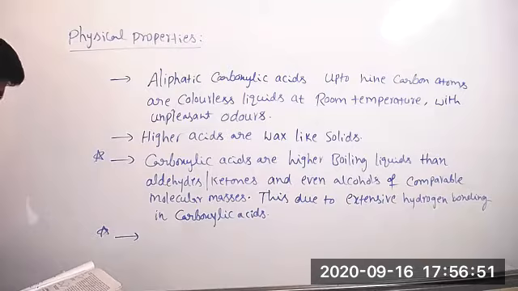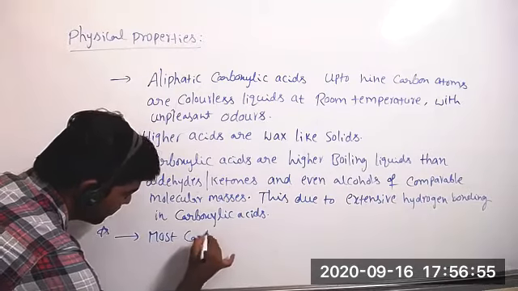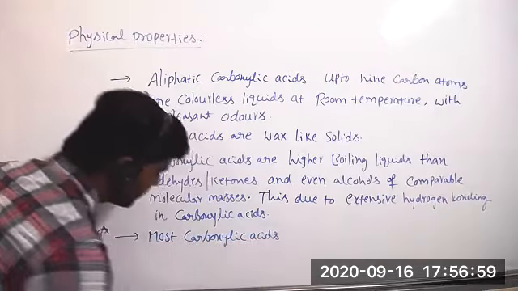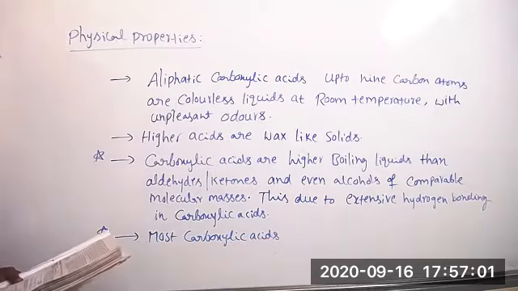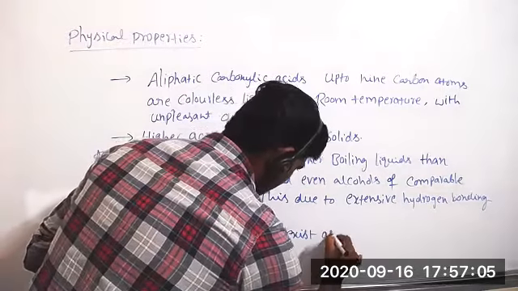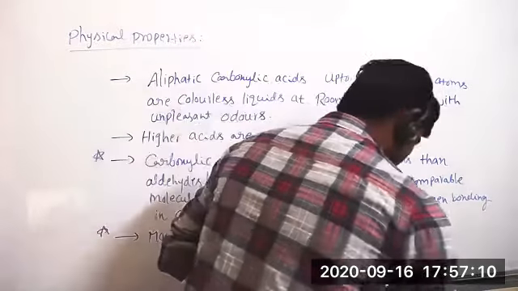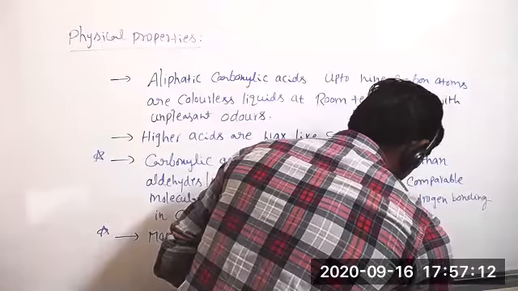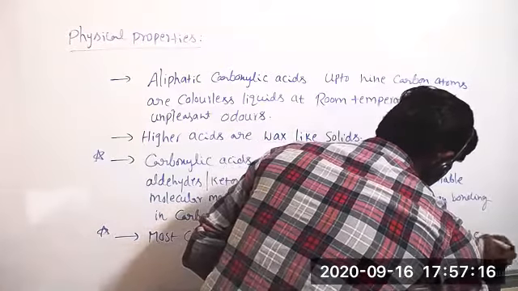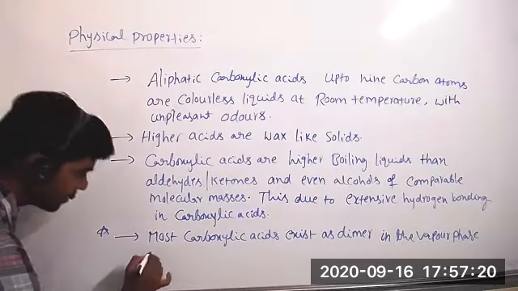Most carboxylic acids exist as dimers in the vapor phase or in aprotic solvents.